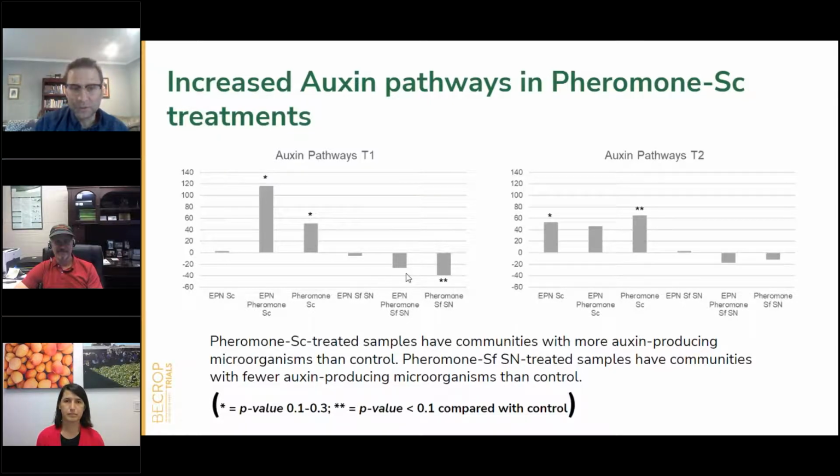And we see a decrease in the other nematode, the Feltiae nematode. And we see that it starts to recover at 4 weeks, where those auxin pathways are increased at 4 weeks in this microbial community.